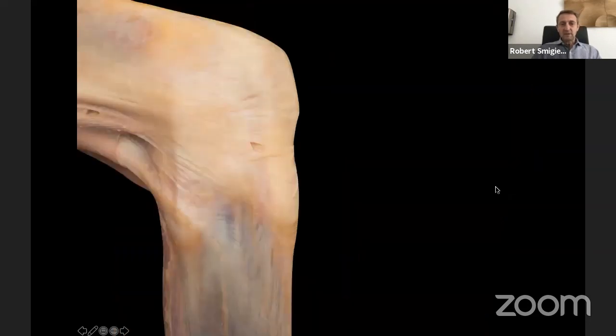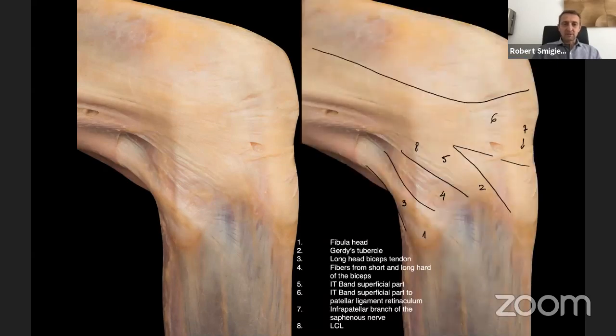When we look at the same in flexion, you can see the same structures but with slightly different anatomy. You can easily recognize this gap here. Through this gap, we can find small branches of the lateral cutaneous nerve.